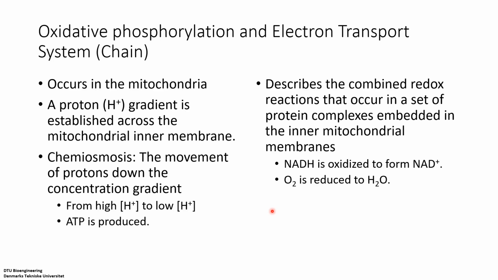So it occurs in the mitochondria. Its proton gradient is established over the mitochondrial membrane, which then induces ATPase to make ATP from ADP. It's a combined redox reaction, and as I just mentioned, it occurs in the inner mitochondrial membrane, I should say.